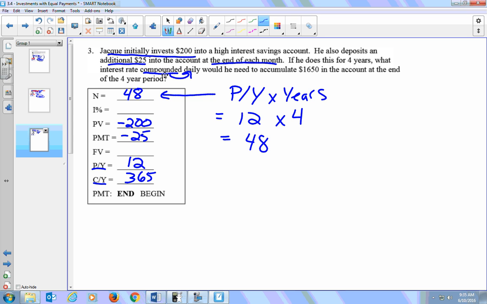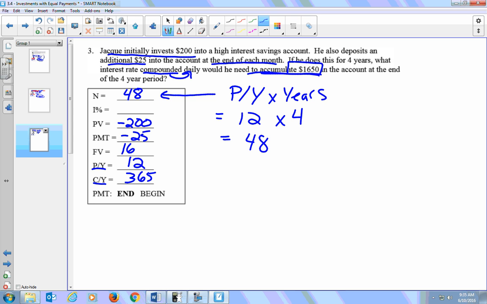If he does this for 4 years, what interest rate compounded daily would he need to accumulate $1,650 in the account at the end of the 4-year period? So this is telling us right here what our future value is. It's saying, after 4 years, we want $1,650 in the account.